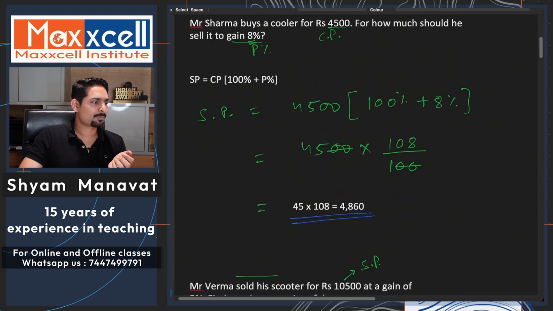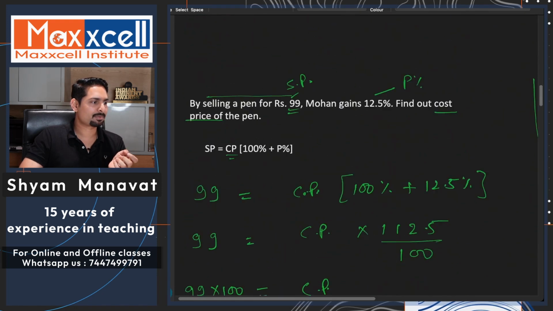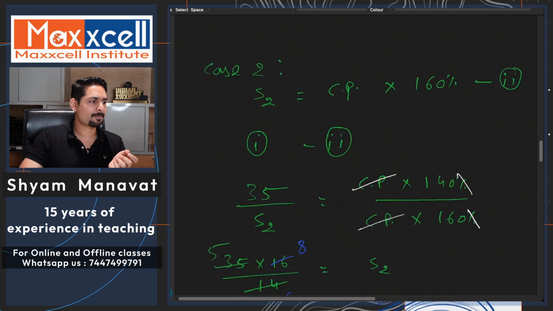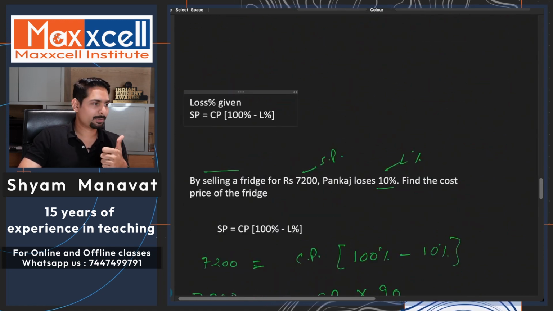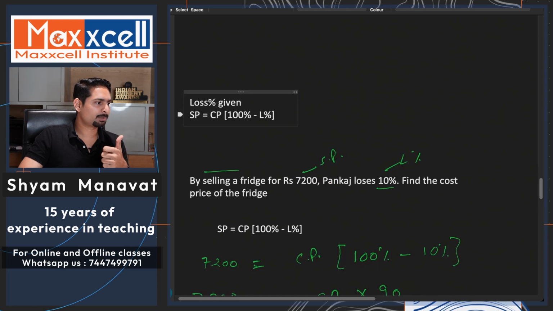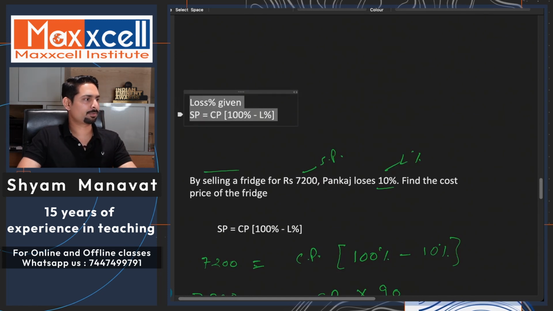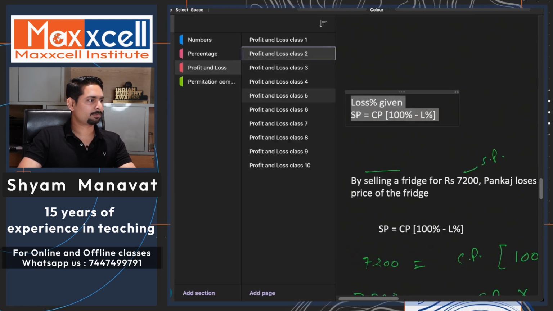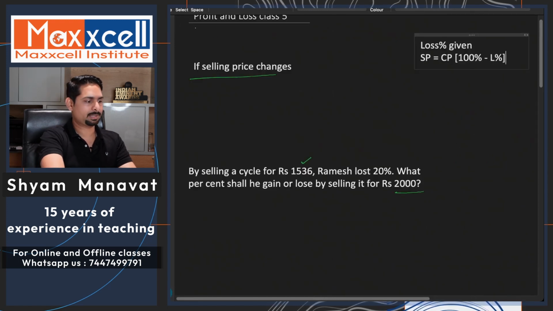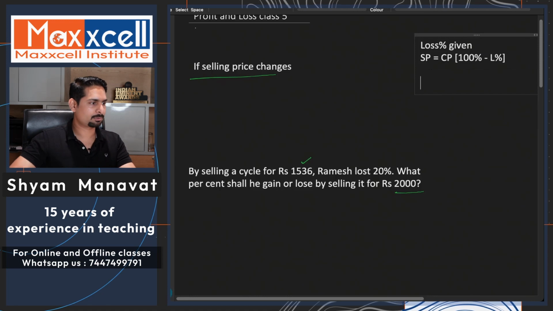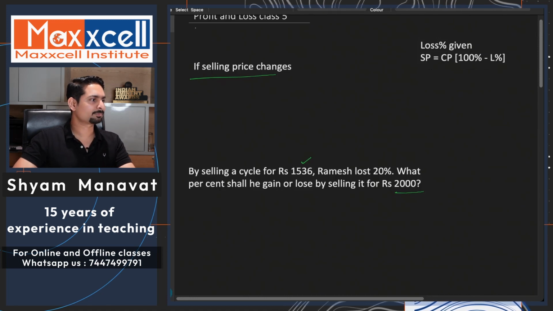And if it is loss, then we say 100 minus loss percent, right? So I'm going to use these formulas, the old formulas, here also.